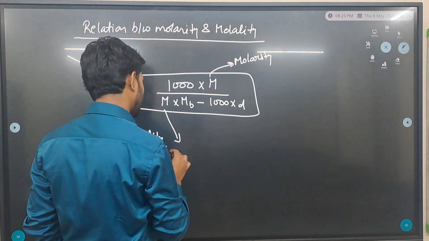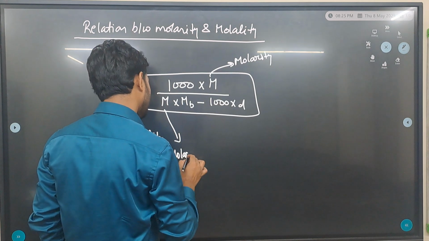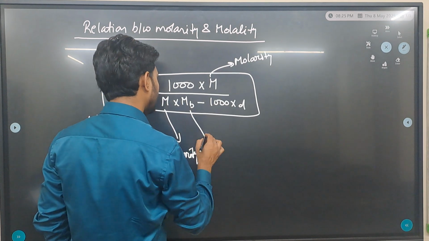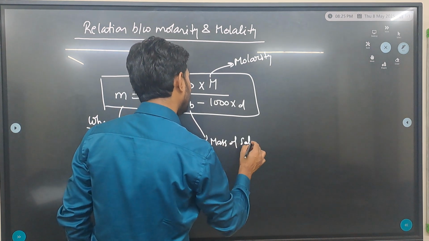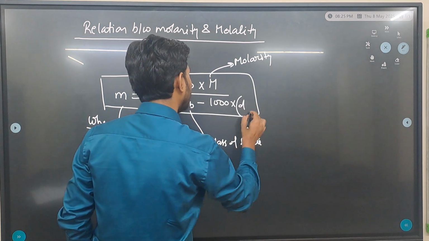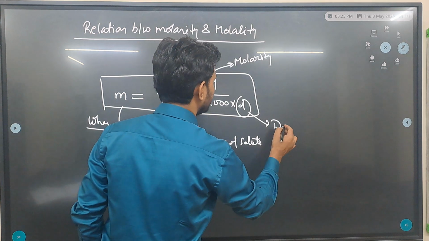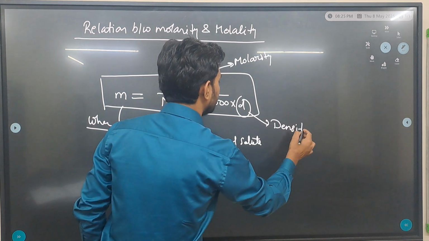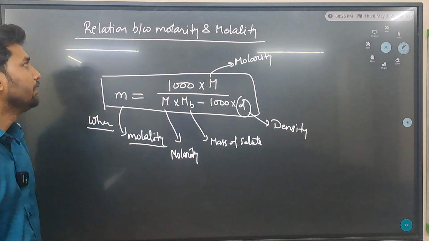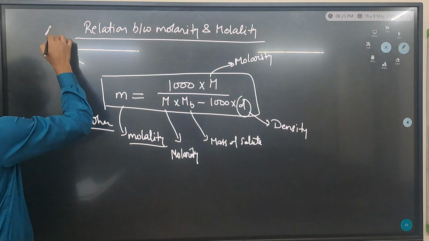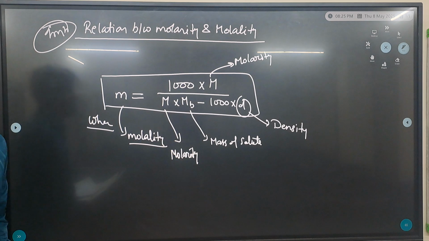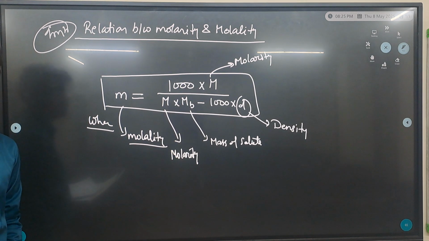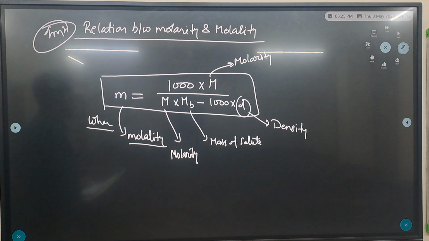MB is the mass of solute and D is the density. This is an important formula. Clear?